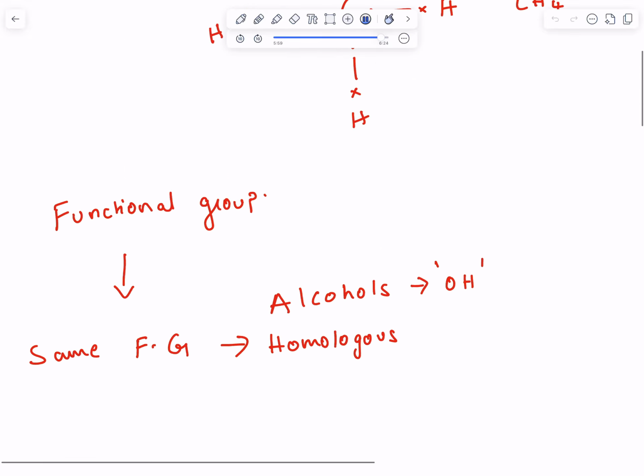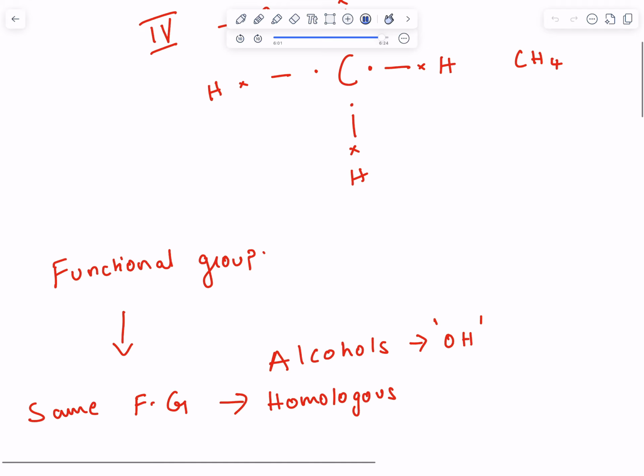Also remember, every time a carbon atom is added to the chain, 2 hydrogen atoms are also added. I am going to explain that when we get into types of formulae in organic chemistry, and I will show that to you in a different video, types of formulae for organic chemistry.